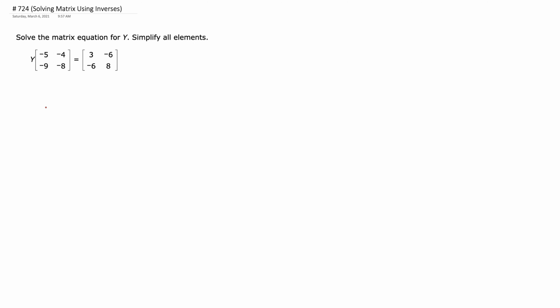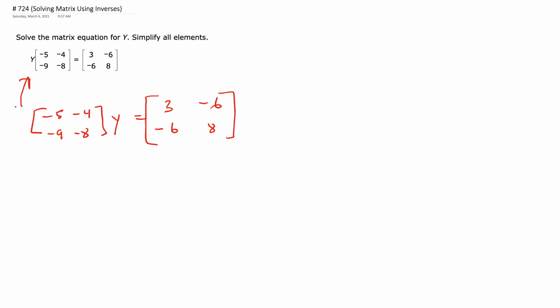This problem could have been like this: -5, -4, -9, -8 times y equals 3, -6, -6, 8. Okay? So this problem is different than this problem, because in this one you have y on the left, and in this one you have y on the right.